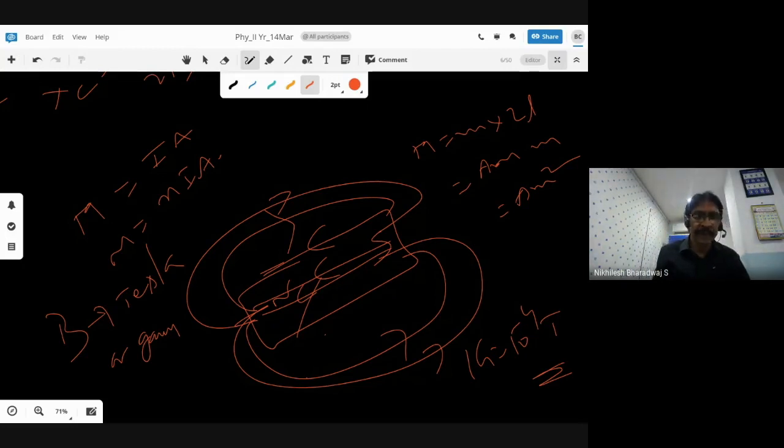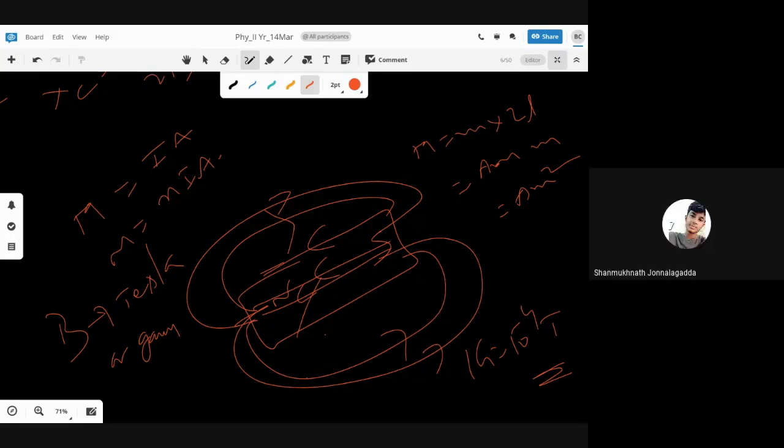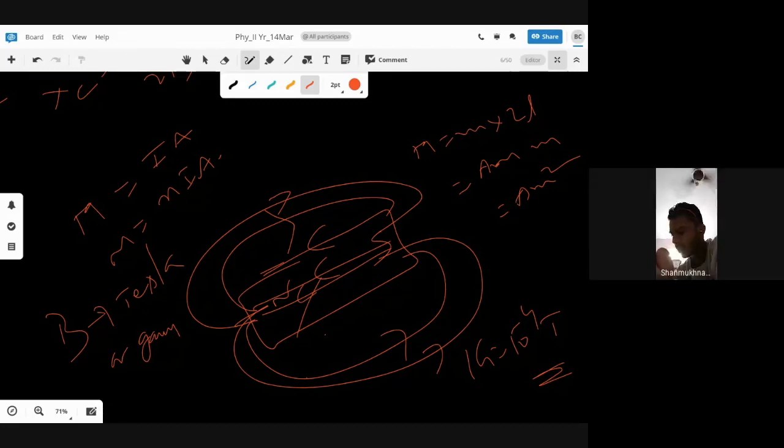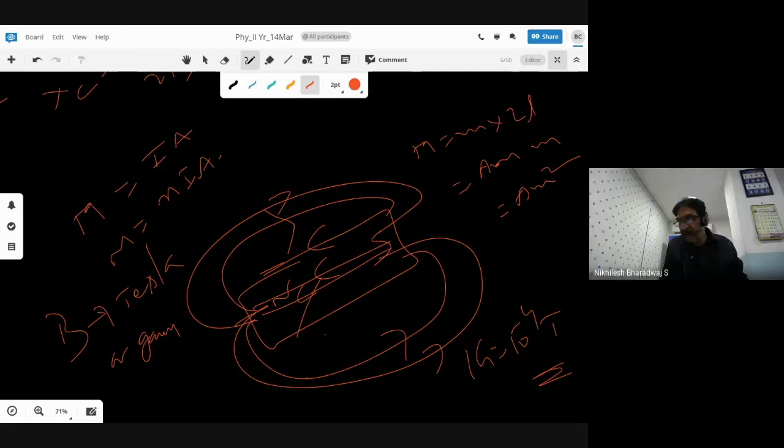Okay, coming back to that. I told you, what is the magnetic declination? It is the angle between geographic meridian and magnetic meridian. And what is the inclination? Inclination is also known as the dip. Angle between Earth's magnetic field and the horizontal component. Yes, very good. Exactly.